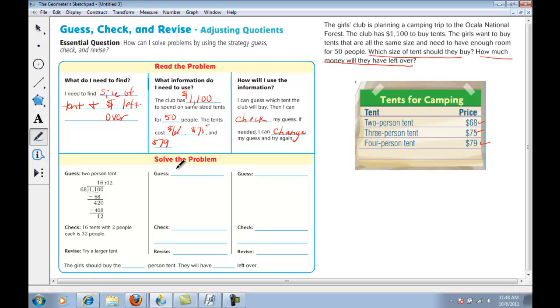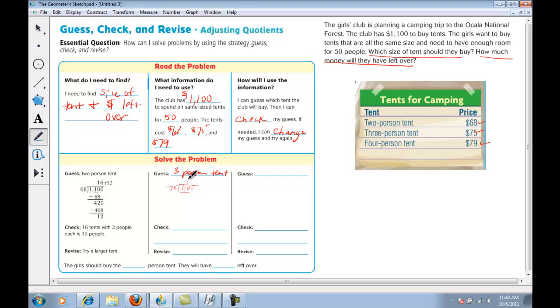So this time, let's try a 3-person tent. A 3-person tent costs $75, so I'm going to divide my $1,100 by 75. Now, I know that I'm going to have to use tens, and I have 110 tens that I'm going to put into 75 groups.